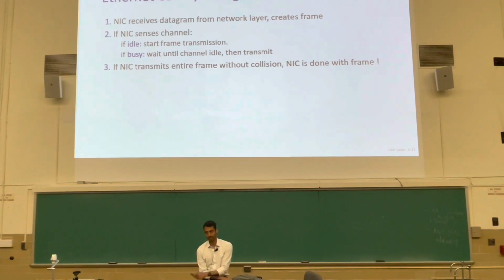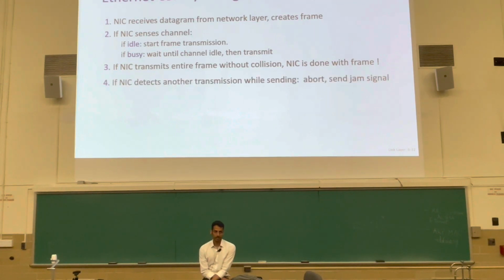But like in the previous picture, on the previous slide, if the NIC detects that another transmission is happening, because the energy it is putting on the wire is not the same as what it senses on the wire, mid-frame transmission, it's going to take a short amount of time to be certain that that's happening by sensing it for that period of time. It's going to then abort the transmission and then send a jam signal to tell other nodes that there is a collision that just happened right now.